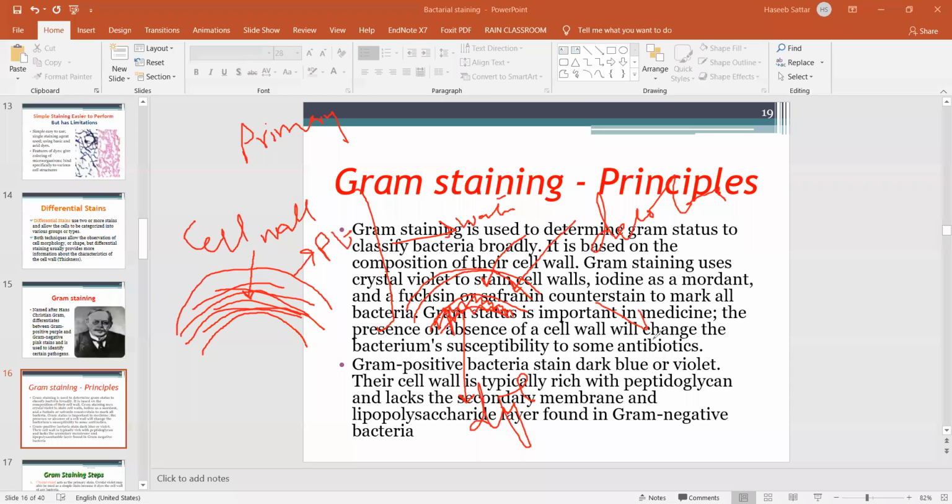The next step is when we add a secondary dye, also known as the counter dye.